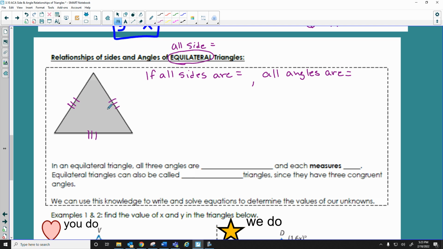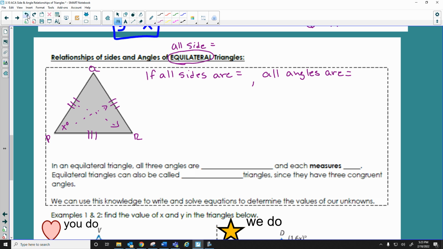We could call it PQR if we really wanted to. Angle P, let's label it as X, that's X degrees. And if that side is the same, that means that angle should be the same as this angle, the same as this angle. All of them should be the same.